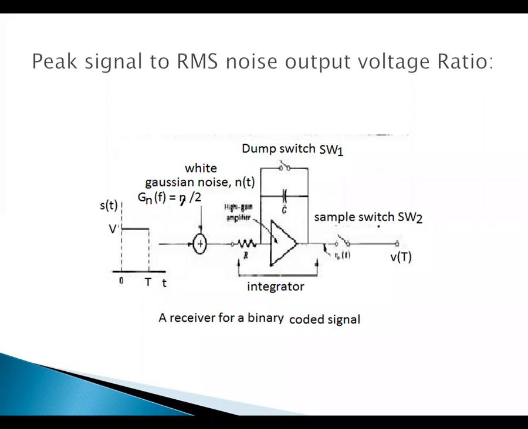If you want to transmit 5 volts as a logic 1, at the receiving end we may receive 2 volts. That 3 volts is lost in the channel. Now the 2 volts is still a positive level, that's why you can refer to it as a logic 1.